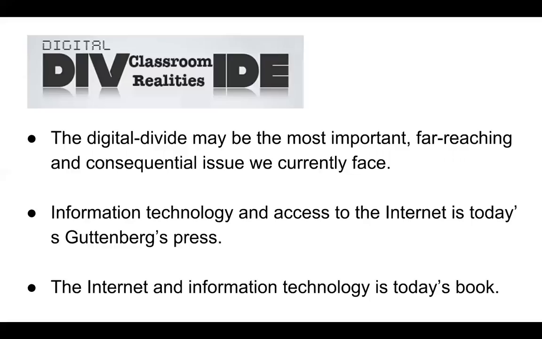The internet and IT are the same, or of greater importance today, and the digital divide is tantamount to creating an illiterate and disconnected population, as was the reality prior to Gutenberg's press. We are creating an elite that has access to information and another group of people who do not have such access.